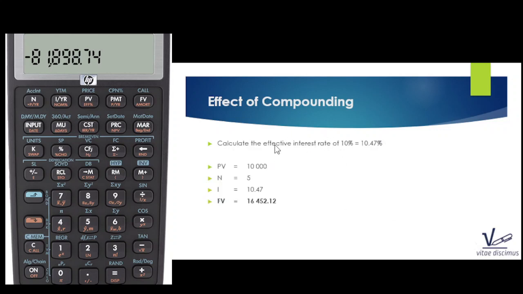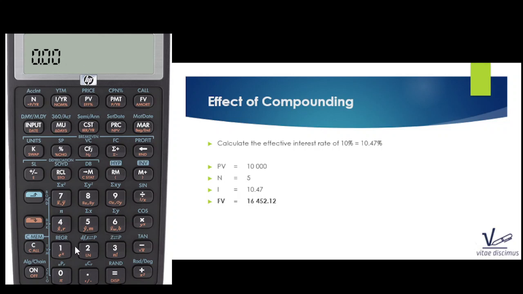So for that step of the effective interest rate for that 10% compounded monthly, we need to first set our calculator to 12 periods in a year, right? Then we take the 10%, which is a nominal interest rate, then we convert it into an effective interest rate there. So now that we've gotten our effective interest rate, we convert our calculator back to 1 period per year.